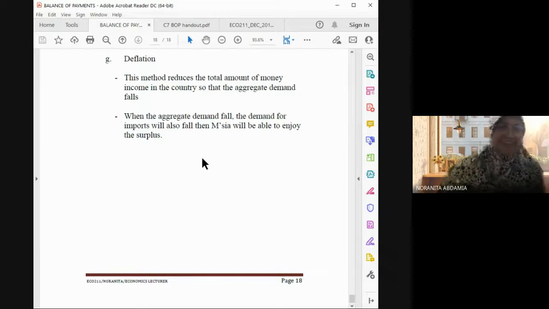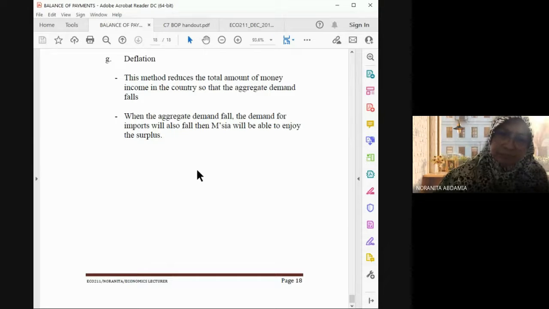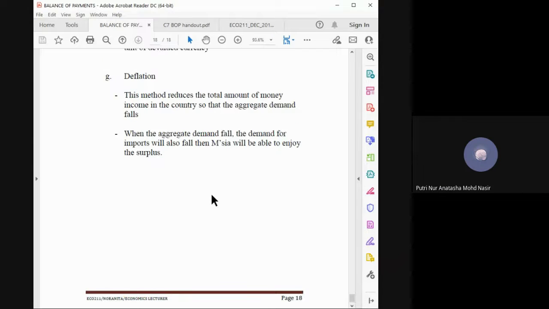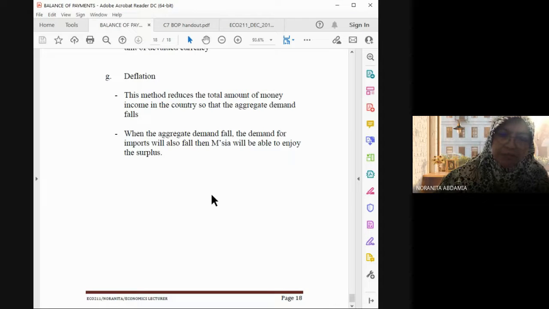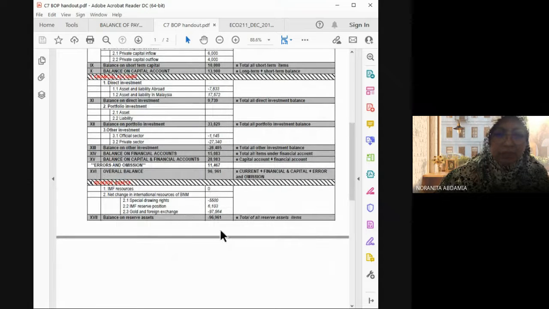Madam, tadi Madam kata untuk topik BOP ni ada setengah soalan tu a bit tricky. Macam mana tu Madam? Bit tricky in terms of yang tadi yang saya terangkan. I takut you all tak faham kenapa kena negatif, kenapa figurnya kena sama.